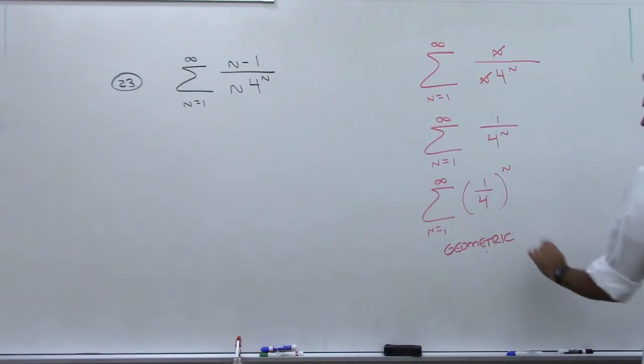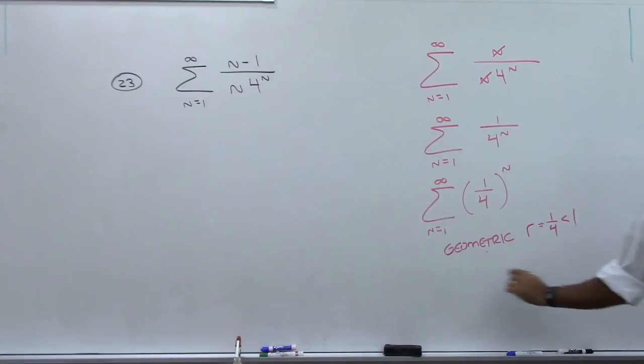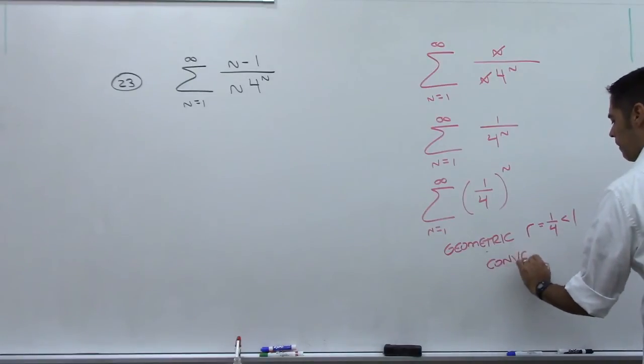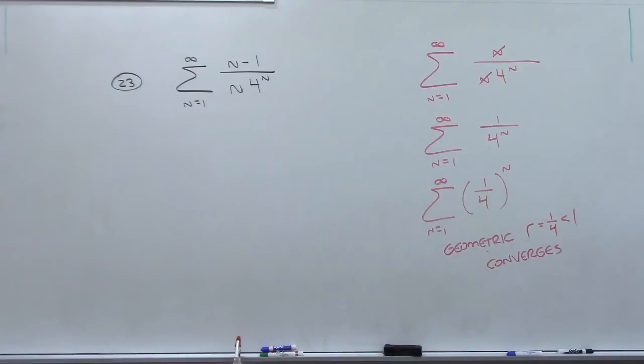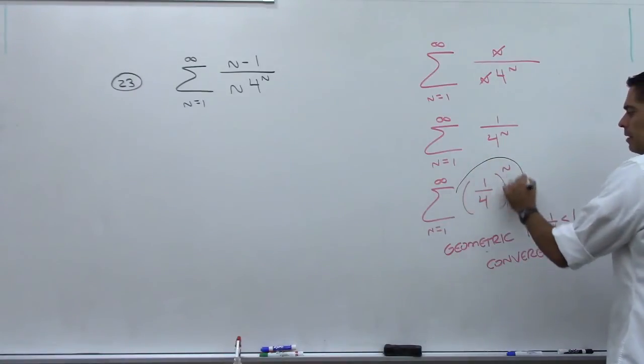It's a geometric series with r being 1/4, which is less than 1, which means this converges. So I'm thinking that this converges, and I'm going to compare it to this convergent series.